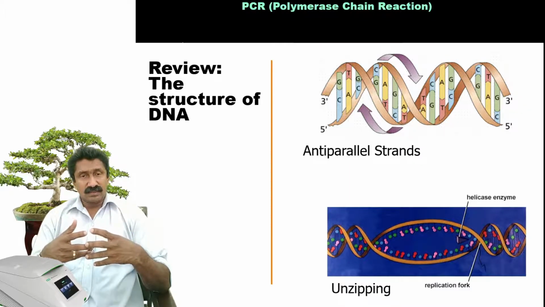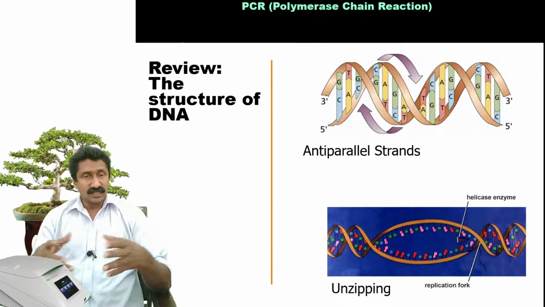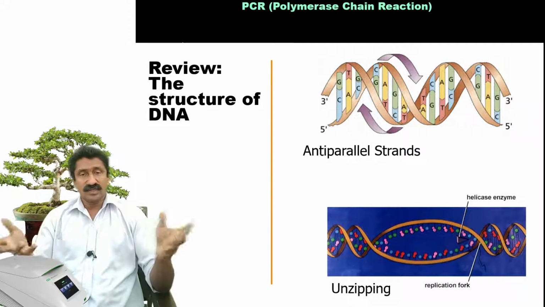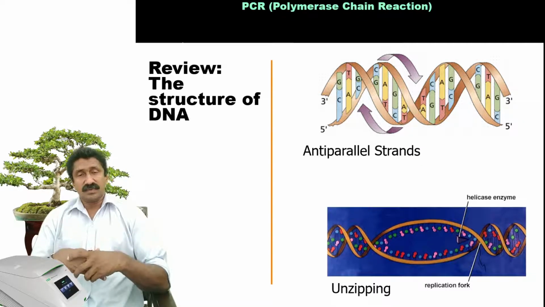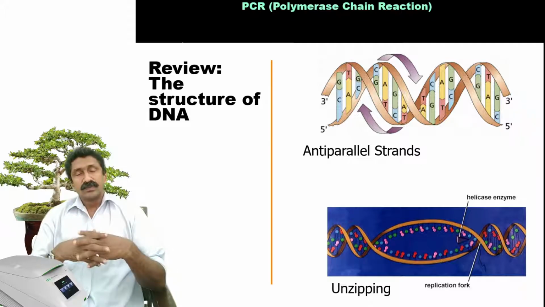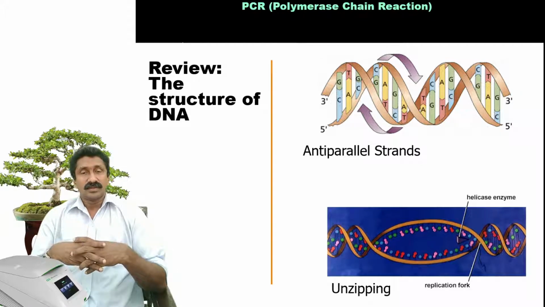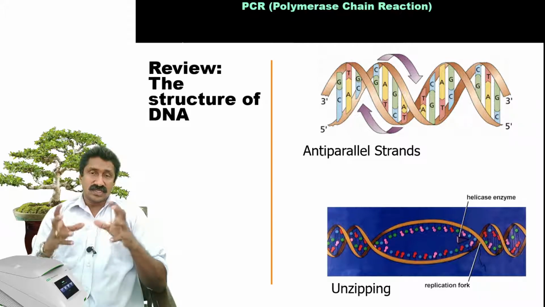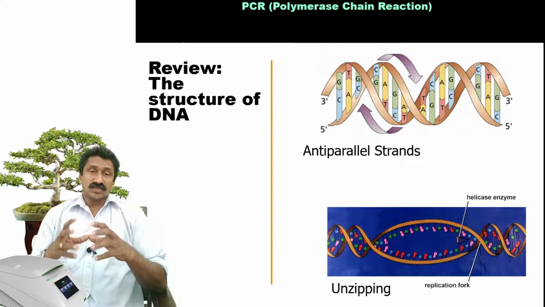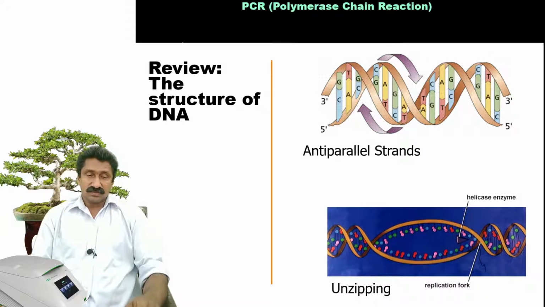And during the replication, it forms a fork or it unwinds, and helicase enzymes, etc., will unwind the DNA strand, and the template of the DNA will be used for a further copy of the daughter strands. So this DNA is actually the storehouse of the genetic information in all DNA based organisms.